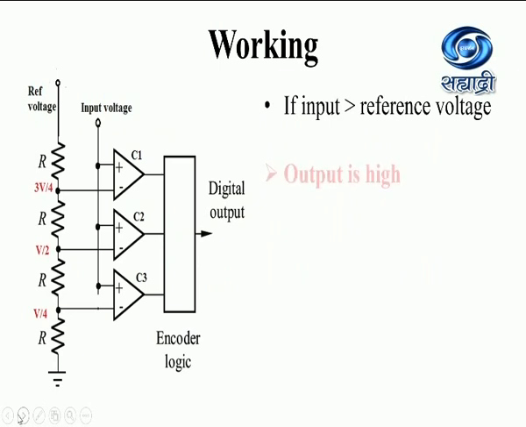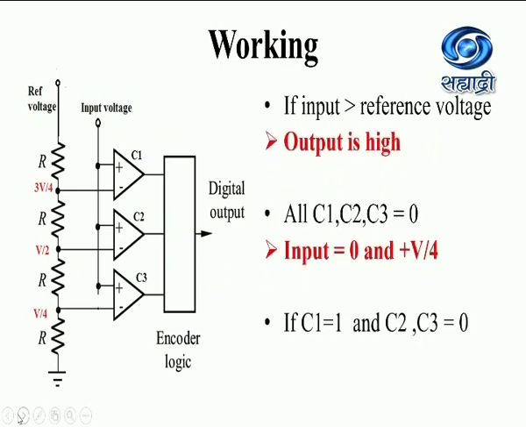So let's see the conditions. If the input voltage is greater than the reference voltage, the comparator output is always high, and that's why the digital output is high at the encoder logic. When C1, C2 and C3 are at 0 level, the input must be between 0 and V by 4.